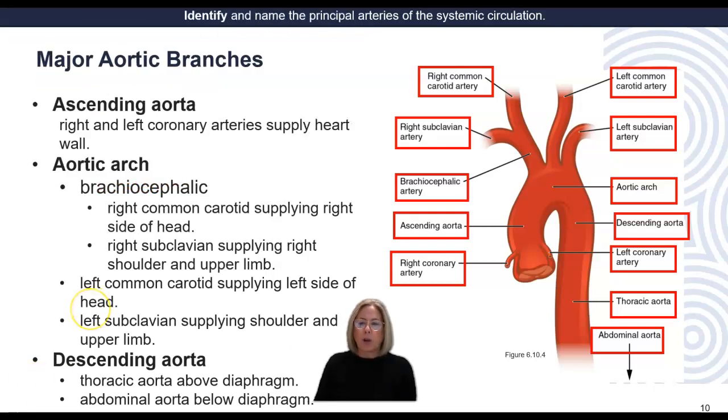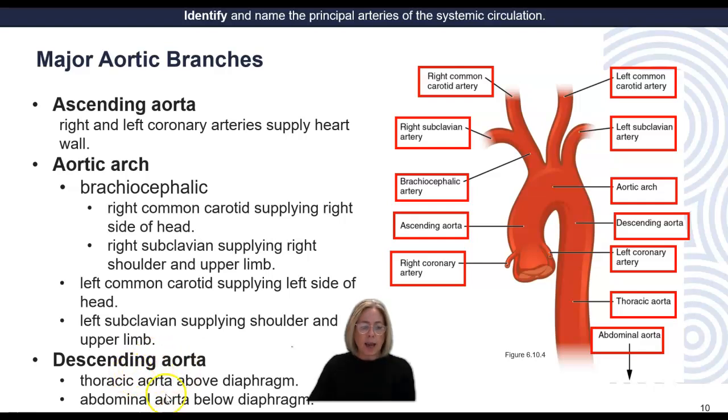And remember that all systemic arteries in the body are either directly or indirectly derived from the aorta. The aorta is the largest systemic artery in the body, leaving the left ventricle. The aorta is divided into three general parts: the ascending aorta, the aortic arch, and the descending aorta.